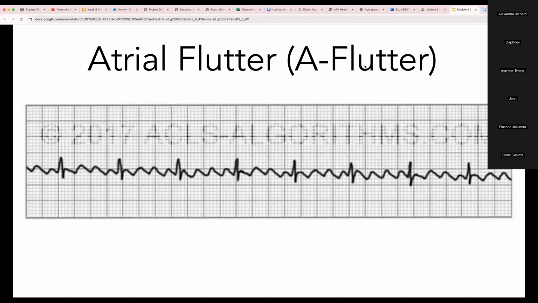Do we defibrillate a flutter or do we use cardioversion? Cardioversion, right? Very good. So you can do cardioversion for AFib or a flutter, but AFib is probably going to respond to the medication, right? A flutter is a little bit more resistant to it, and you may have to do cardioversion.